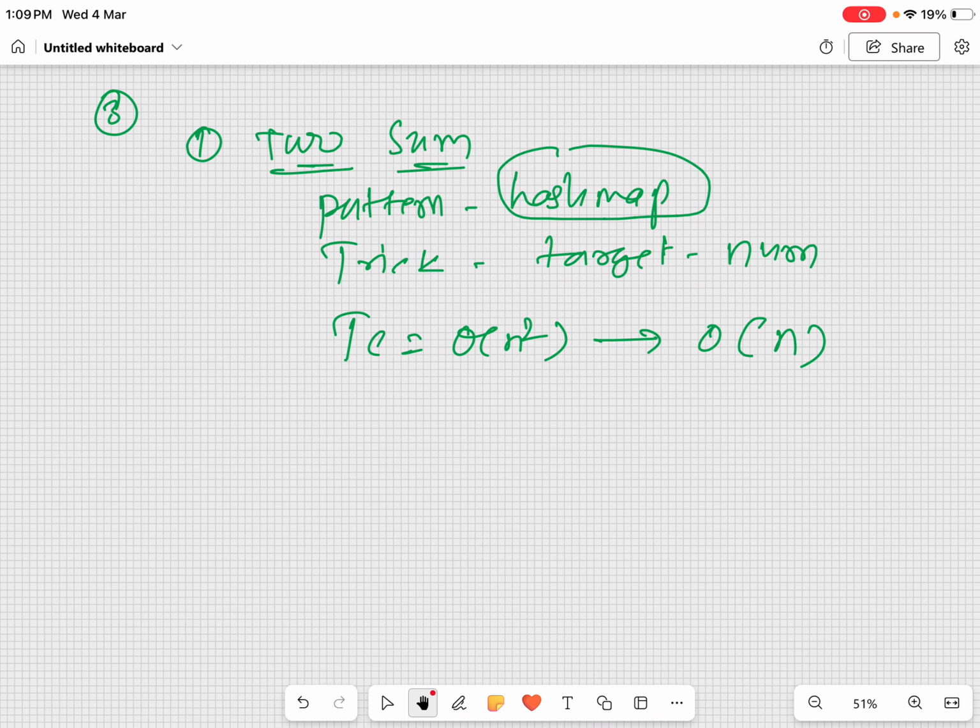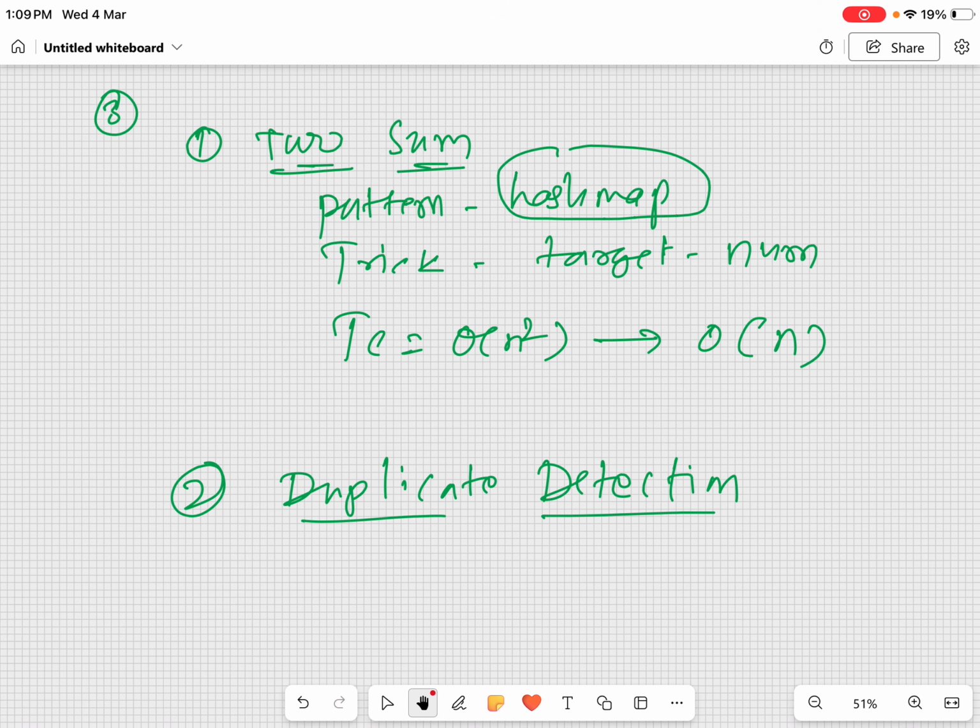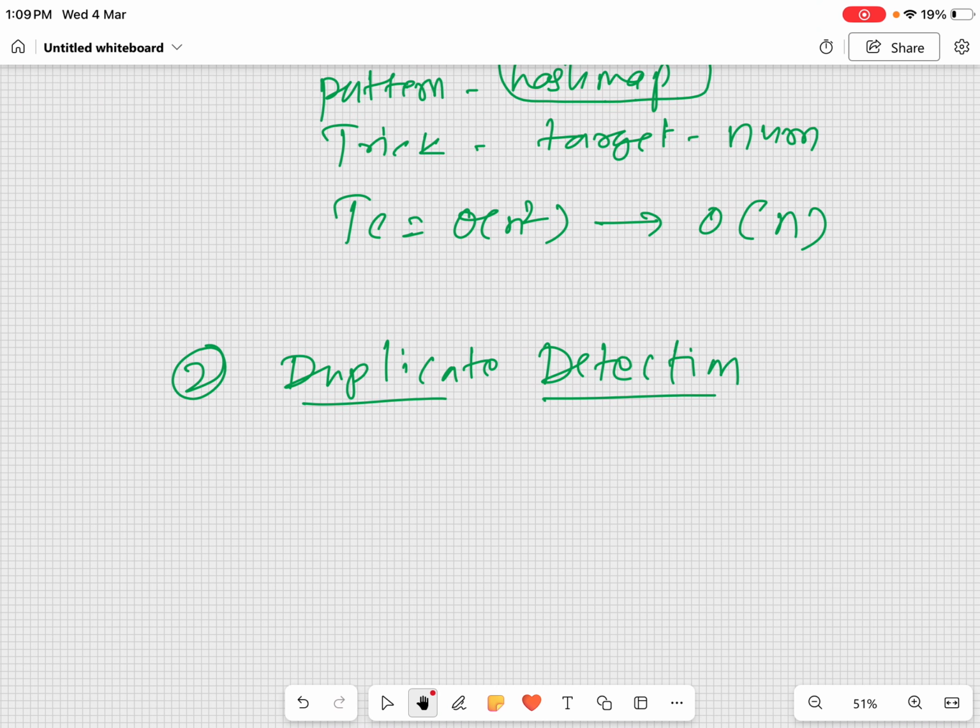So next we have duplicate detection. Here our problem is contains duplicate, and the pattern is hash set.